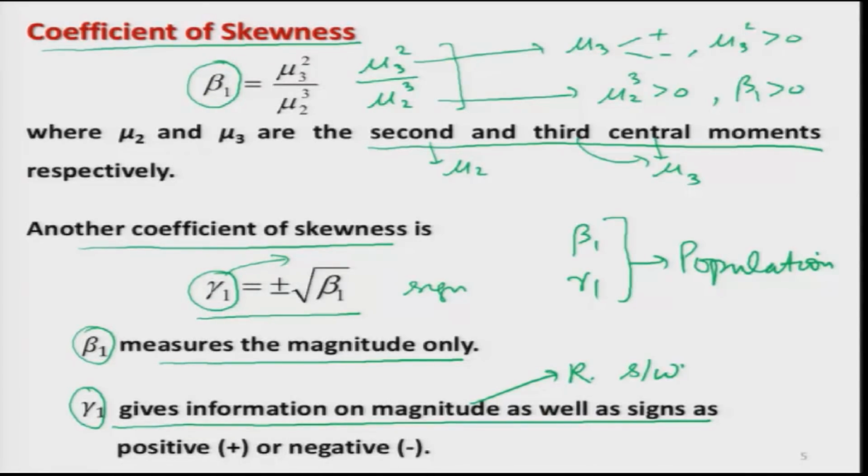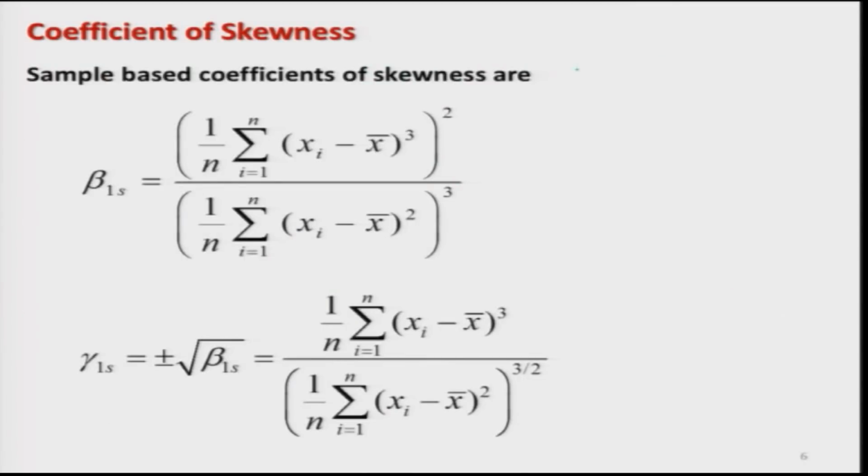But what happens to us? We have got a data set, say x1, x2, up to xn. In this case, we try to compute the values of mu2 and mu3 on the basis of data x1, x2, xn, and they are called sample moments.